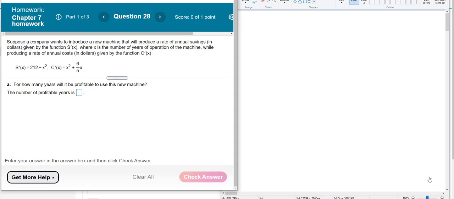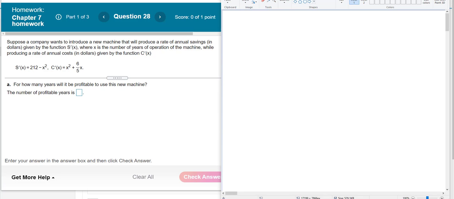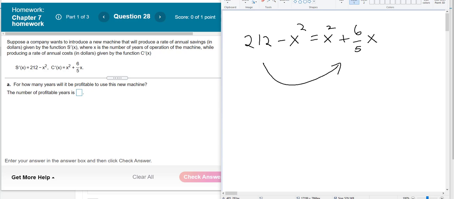So the first thing we want to do is set these two equations equal to each other to find their point of intersection. So 212 minus x squared equals x squared plus 6/5 x. Since it's a quadratic, I'm going to move everything to the right-hand side. It doesn't matter which side, but I'd like to keep the x squared positive.